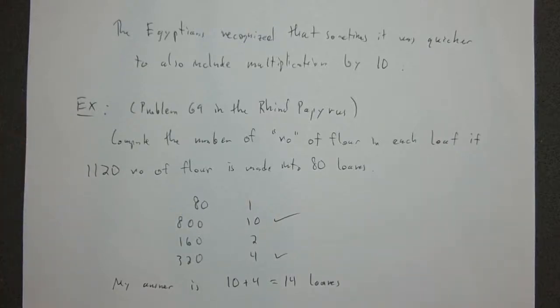Okay. And so it wasn't just doubling that was used in these things. You could use multiplication by 10, for instance, as a shortcut here. And again, multiplication by 10 was nice for the Egyptians because they used a base 10 system.